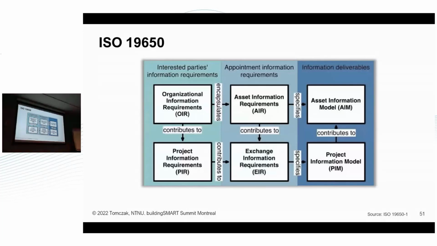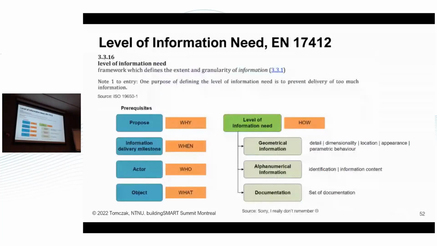But ISO 19650 also mentions level of information need, and this is something that is basically extending that by telling us how to do it. It tells us how to document the requirements about the geometry, the alphanumerical, so text, digits, information, documentation.